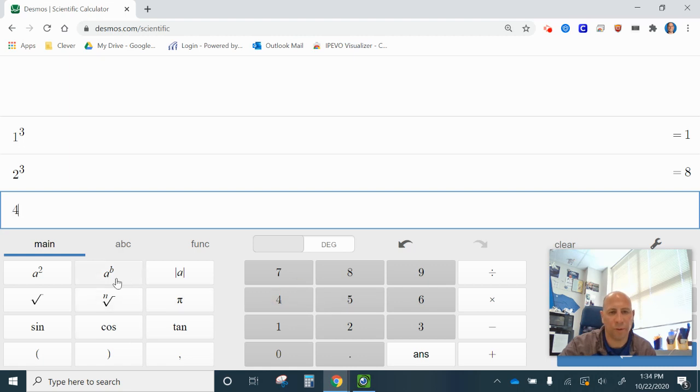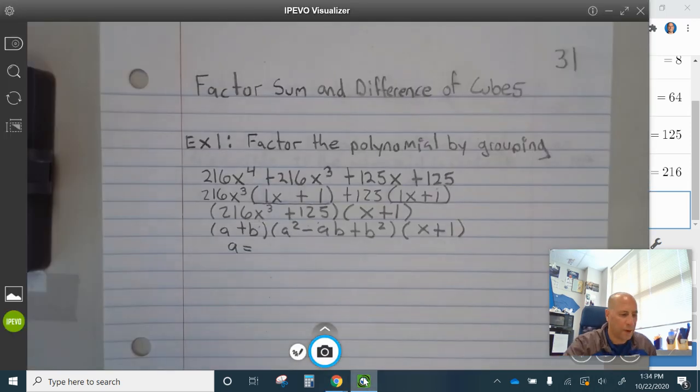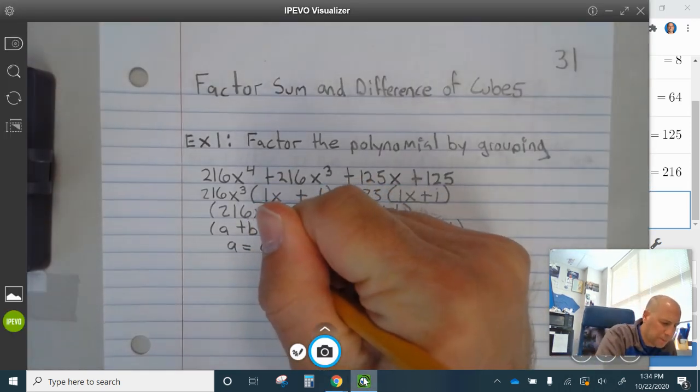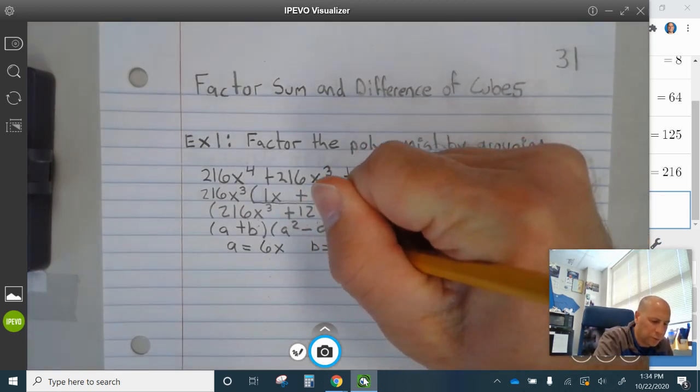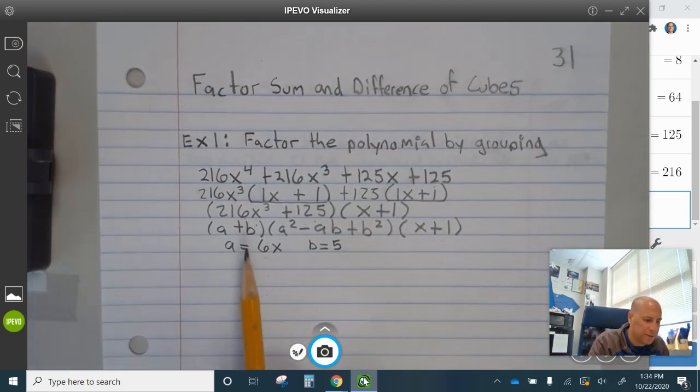So now let's try 4 cubed. Getting closer, so let's try 5 cubed. It's 125, so that's our B value. Okay, so now let's try 6 cubed. Aha, so now we have our A and our B. A is 6x and B equals 5. So now we're going to plug these into here.